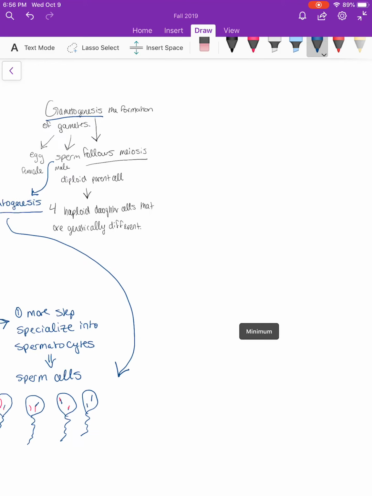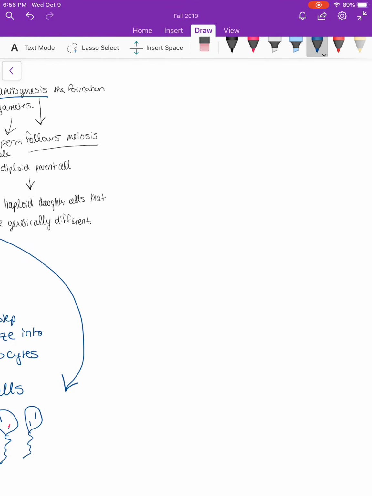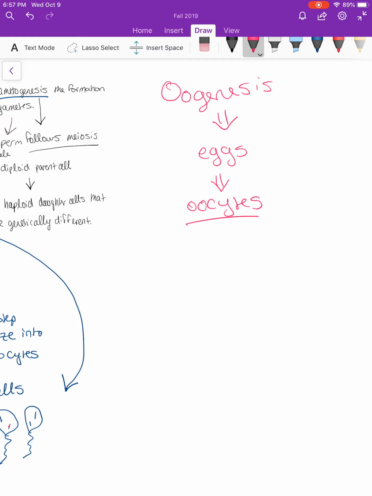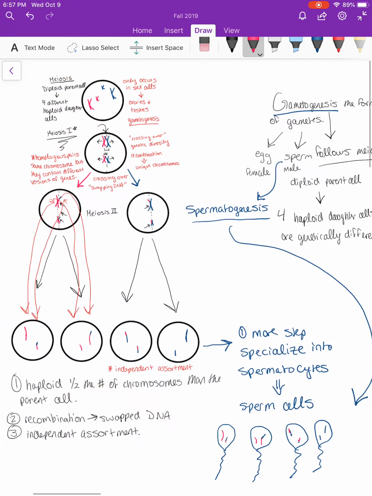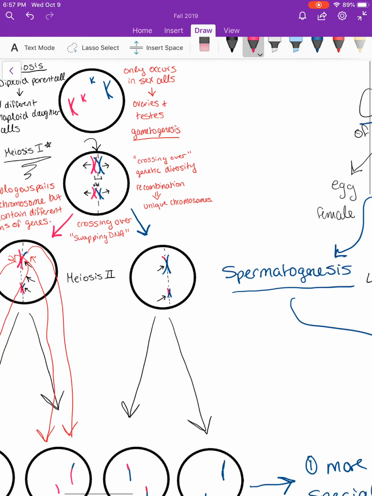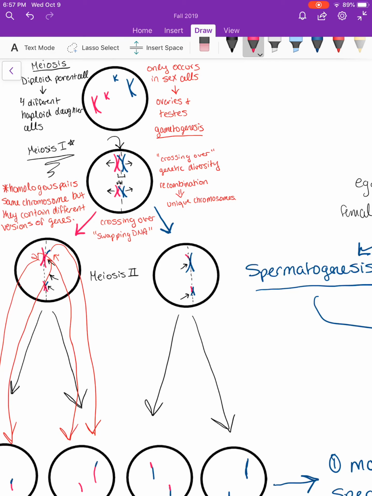Now, oogenesis is a little bit different, okay? Oogenesis is the formation of gametes that are specifically eggs, or scientifically, oocytes, okay? So, the way that oogenesis works is, you see how we have our first division here?